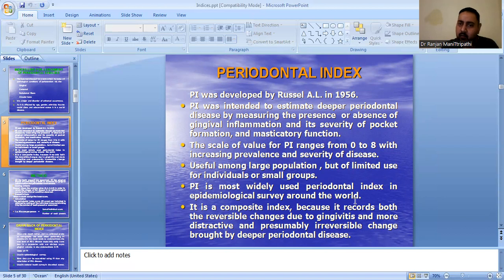The scale of value for PI ranges from 0 to 8 with increasing prevalence and severity of disease.